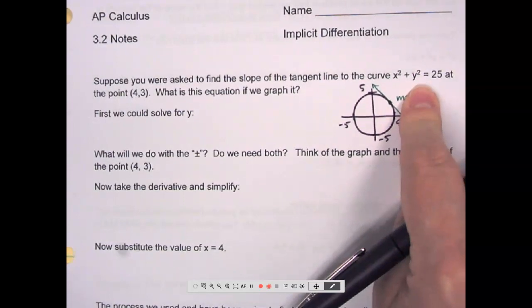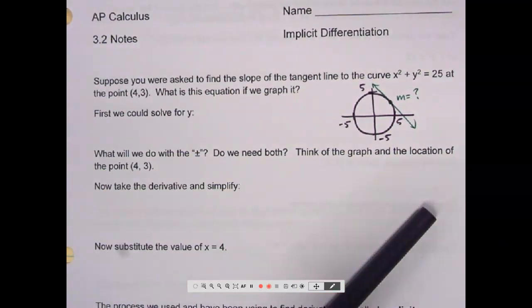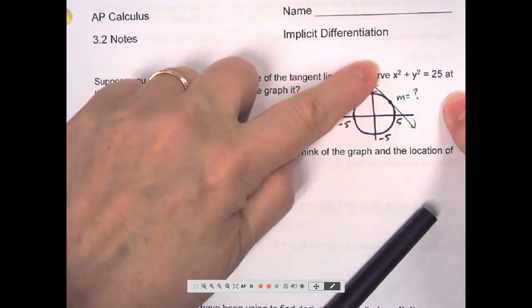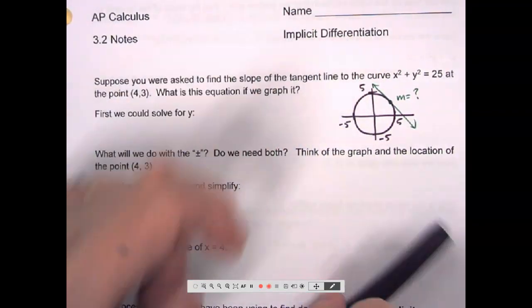Because we haven't done a derivative like that yet, right? Everything we've had so far has been an explicit equation of y, meaning y equals something. This is not explicit, but I'm going to turn it into an explicit equation by isolating y.